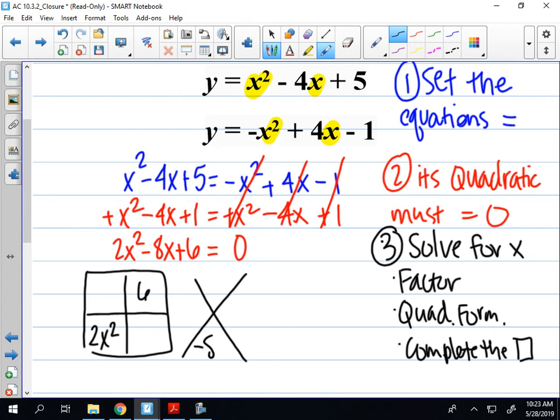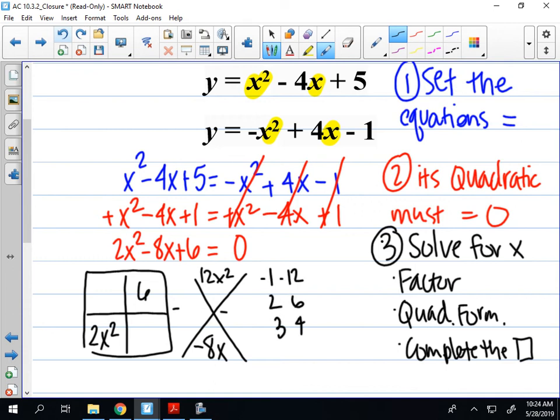I need two numbers that add to negative 8x and multiply to 12x squared, because the product of the diagonals has to be equal. If I'm adding to get a negative and multiplying to get a positive, negative times negative is a positive. And the factors of 12 are 1 and 12, 2 and 6, 3 and 4.